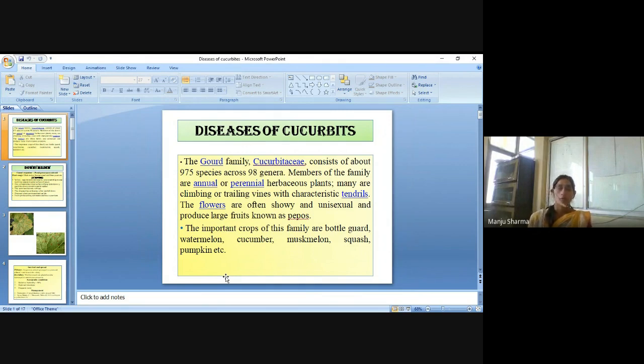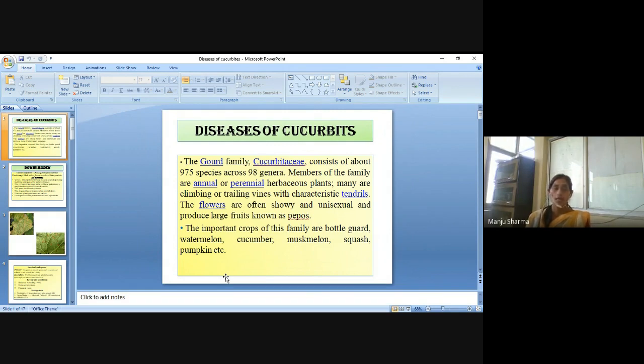The members of the family are annual or perennial herbaceous plants. Many are climbing or trailing vines with tendrils.